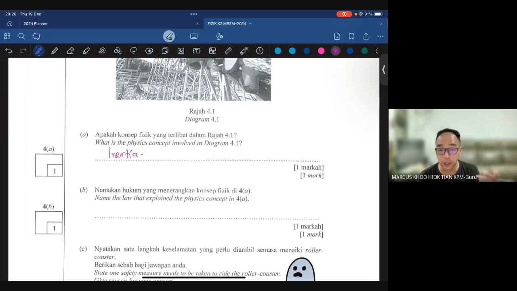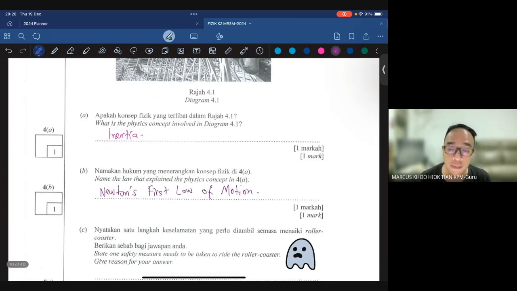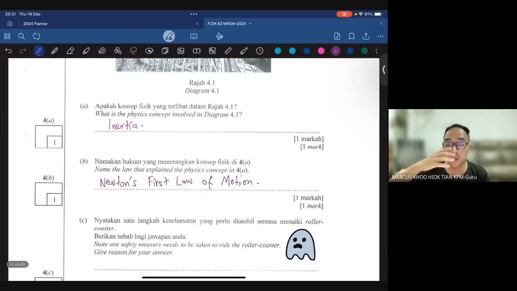When we're talking about inertia, the law that is involved is obviously Newton's first law of motion. I want to say something about Newton's first law of motion, or even Newton's universal law of gravitation.